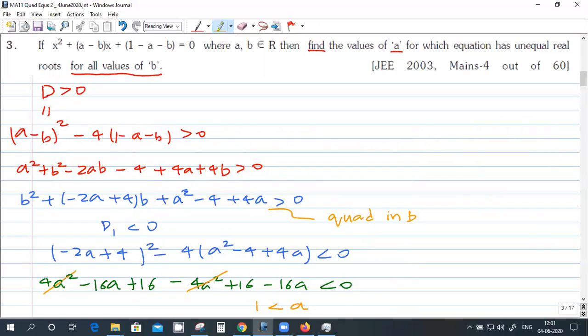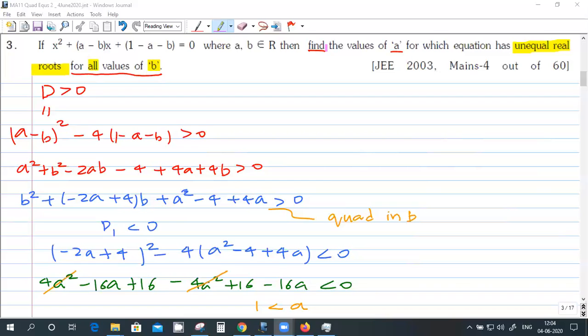Real root means the discriminant should be greater than or equal to 0. Unequal means it should be greater than 0. There is no restriction on the values of B, so B should take all values.